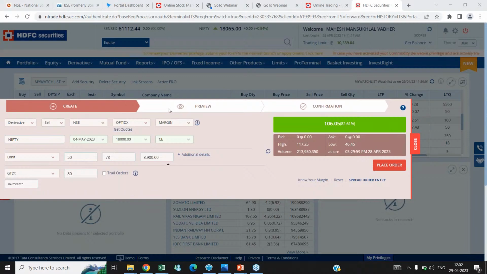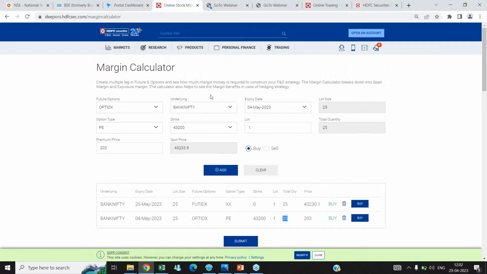So Mr. Mahesh is asking, the margin money requirement is quite high compared to other securities. Please look into this. So Mr. Mahesh, if you check the margin calculator which we have showcased to you, whatever margin is charged by the margin calculator is universal everywhere. If you find that the margin requirement is higher, please showcase that to us. Right now, all of the margin requirements are as per the exchange standards.